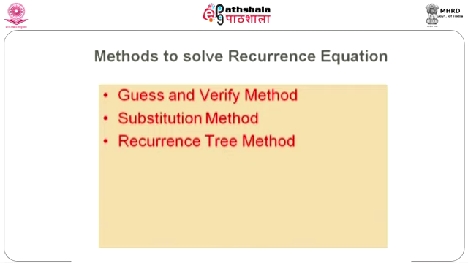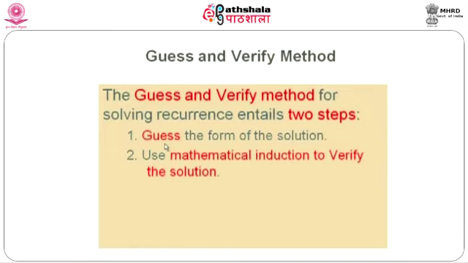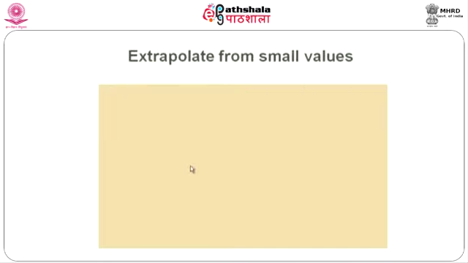Guess and verify is a method for solving a recurrence equation. It consists of 2 steps. One is guess, where we try to guess what the solution is going to be, and in the second stage we verify the solution by the concept of mathematical induction. For example, take the Towers of Hanoi problem. The recurrence equation we have already found: T of n equals 2T of n minus 1 plus 1.